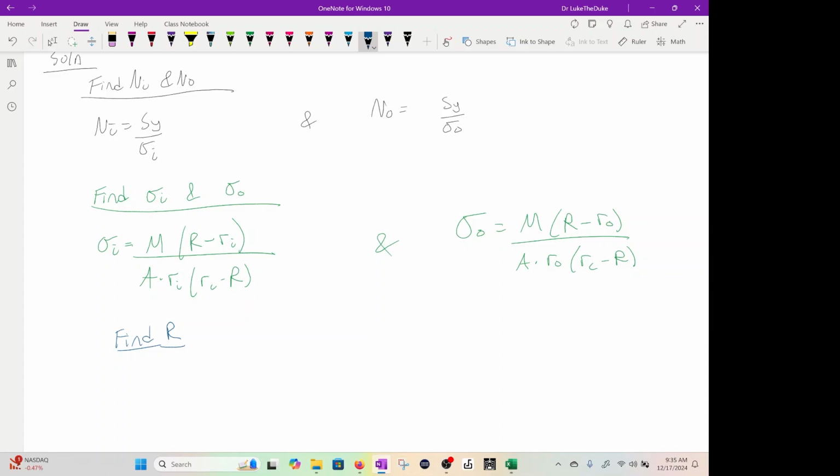But let's find big R first. R is equal to the area divided by ASF.